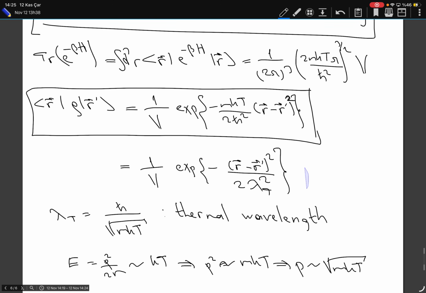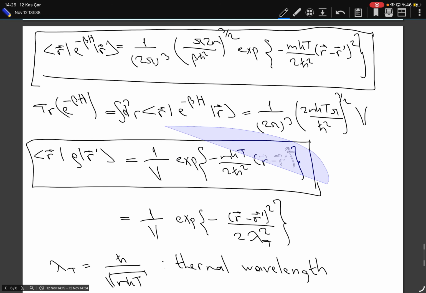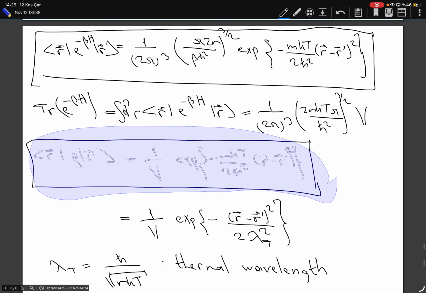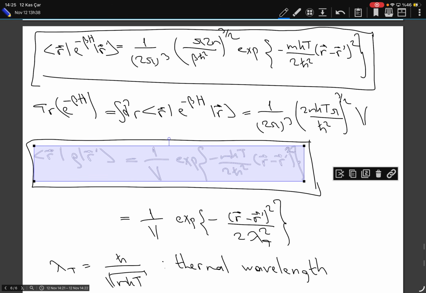If you look at this expression over here, in the high temperature limit, T is very large, so whatever multiplies T should be sufficiently small for it to be non-zero. So the spread is basically minimized in the high temperature limit. Well, that is what we expect. We expect to recover the classical result. Classically, if you would like to write something like a density matrix, it has to be diagonal.